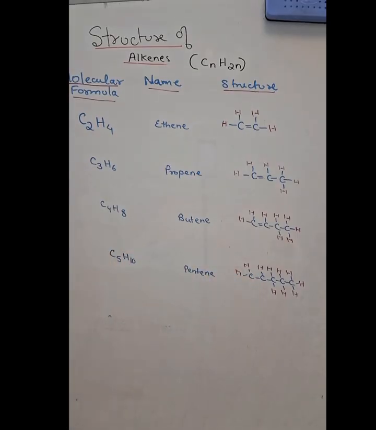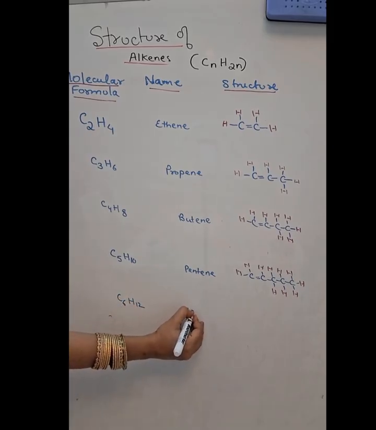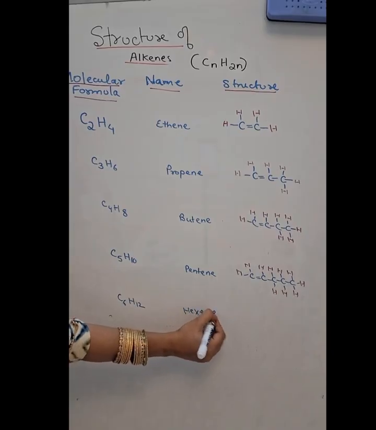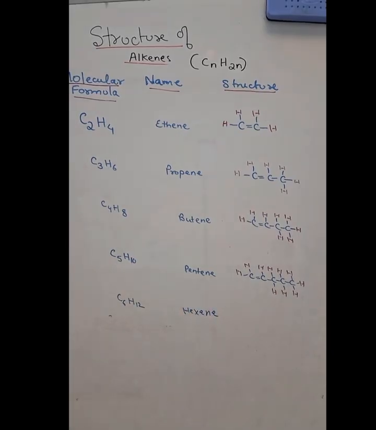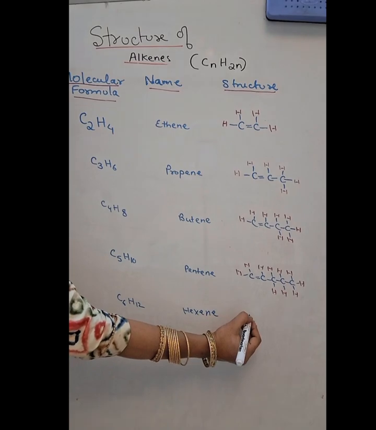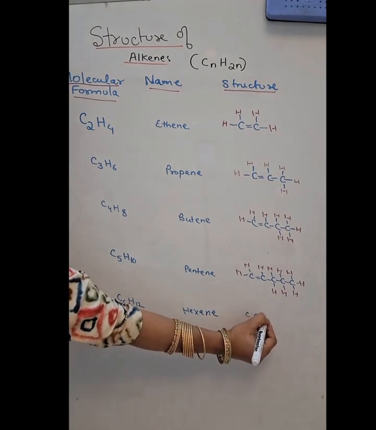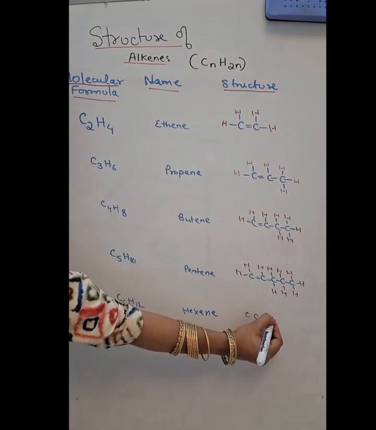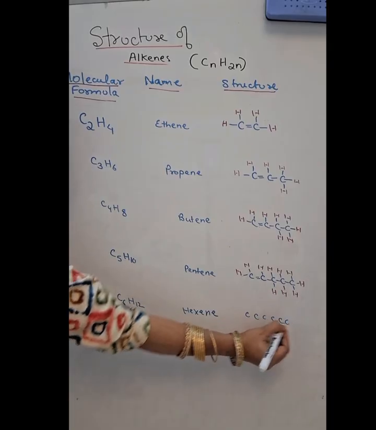After this, one more structure, the fifth member, C6, hydrogen will be just double. Its name is hexene. And the structure is the same. 1, 2, 3, 4, 5, 6.